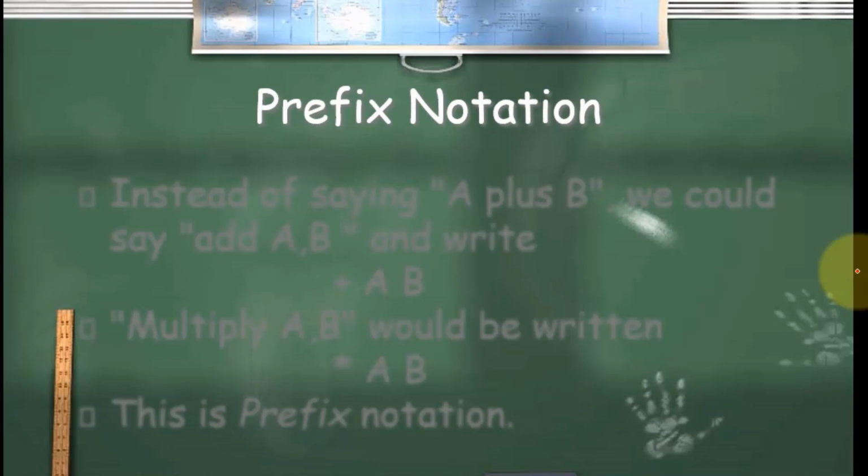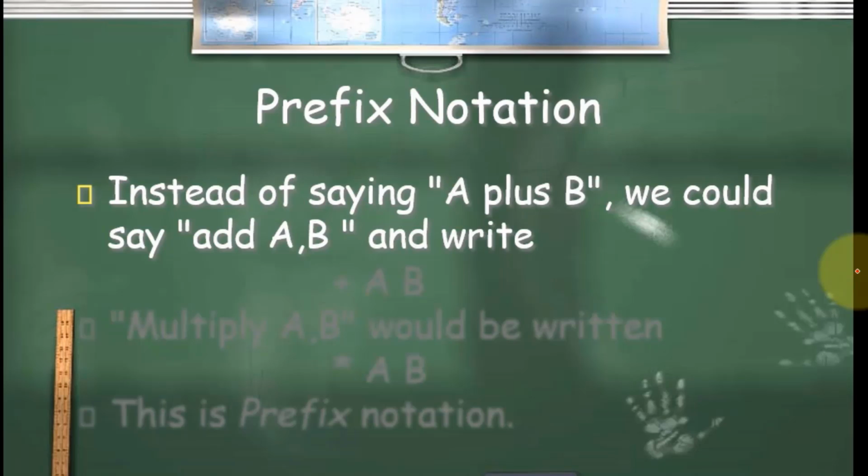Alright, using the prefix notation, the difference is that the operator is written before the operand. So assuming we had a plus b, instead we can write it as plus ab.